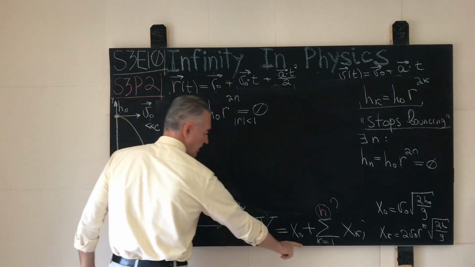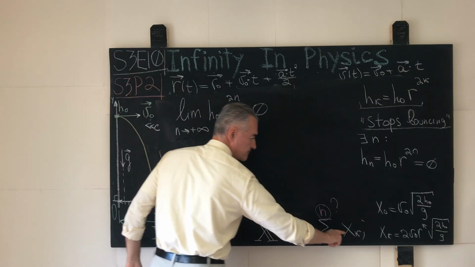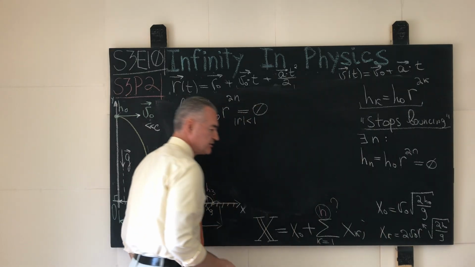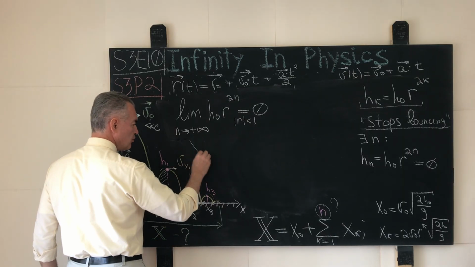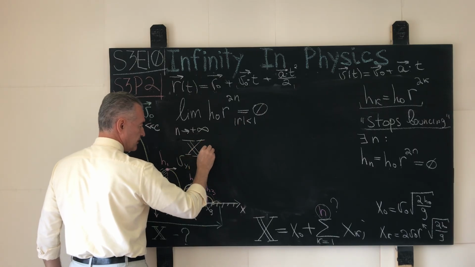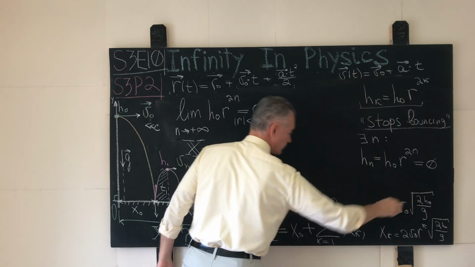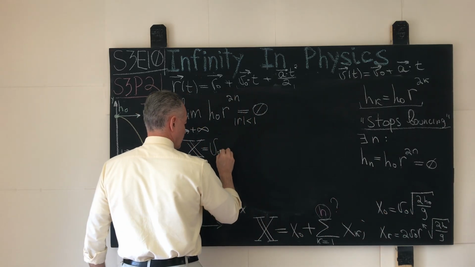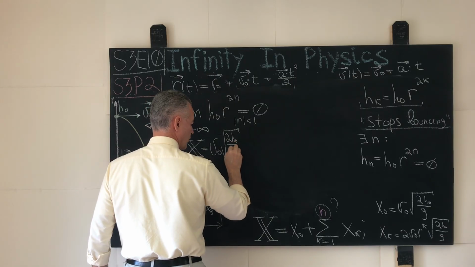So now we have our answer. What we have over here is not a finite geometric series, but an infinite geometric series. And at this point, we develop the answer fairly expediently as we factor out v0 and the square root of 2h0 over g.